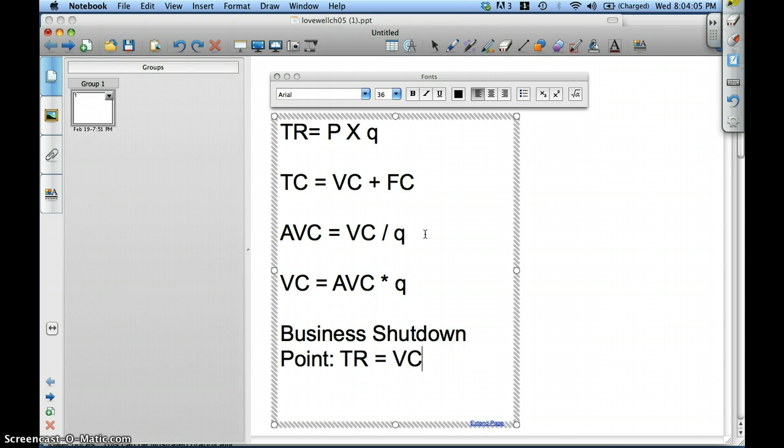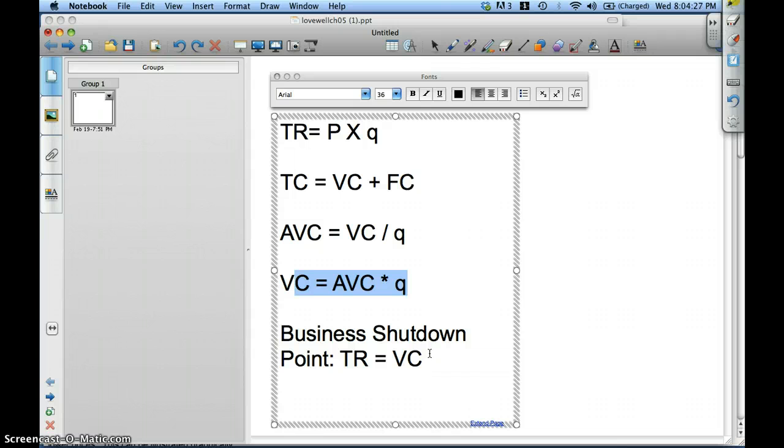The total revenue being the price times the quantity, and the variable cost being average variable cost times quantity. So you get price equals minimum average variable cost.